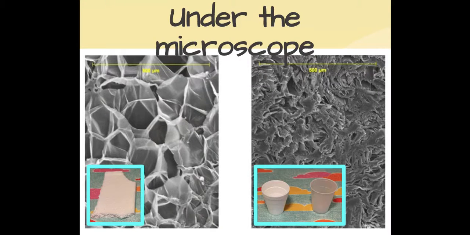So under the microscope, the foam sheet on the left has larger air pockets, more air, and on the right you have the microscope image showing the cups, and they're more packed together. There's more polystyrene chains, and actually there's less air.